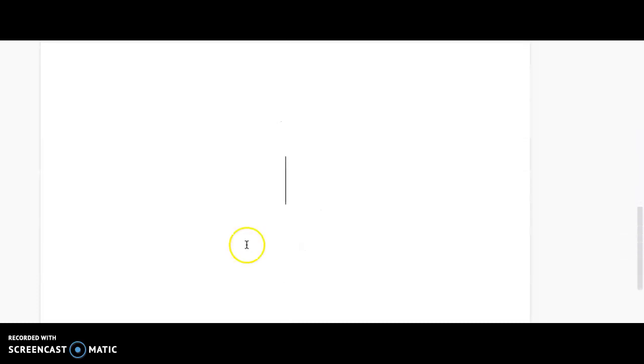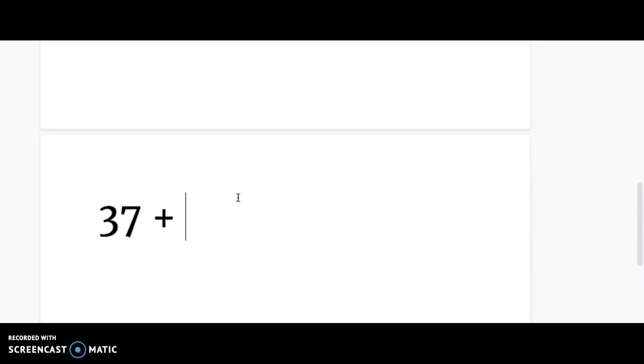All right, so check out this cool trick. Ready? Let's start with a 3-digit number, because I don't know that it works with 2-digit numbers, but we could practice.